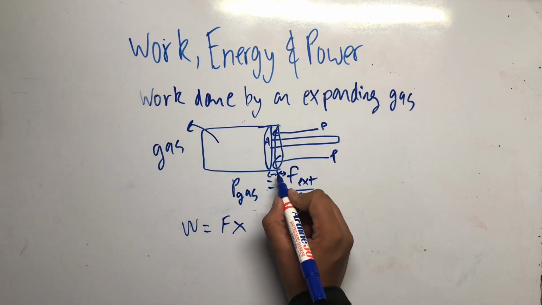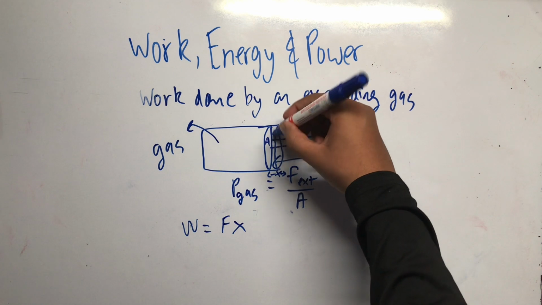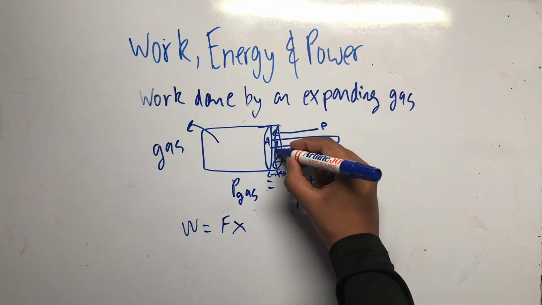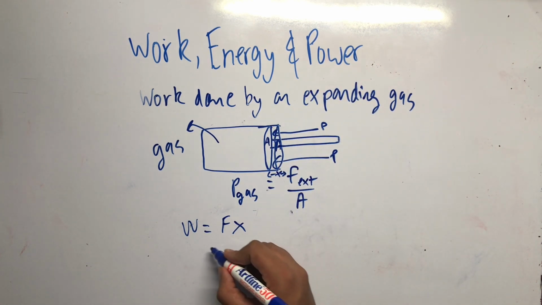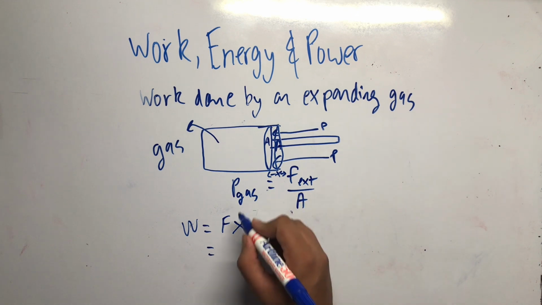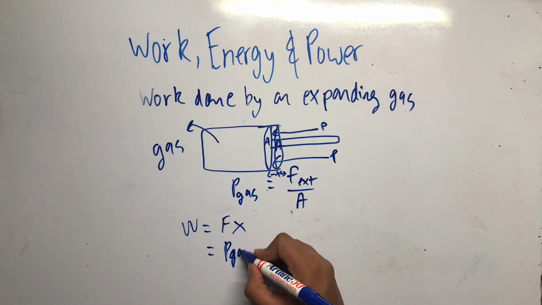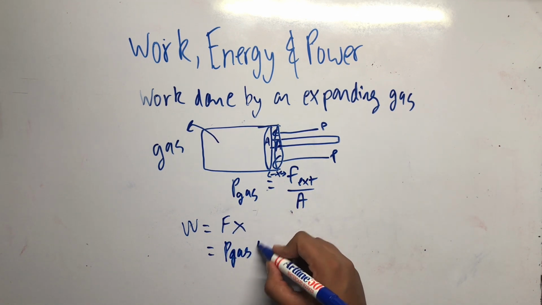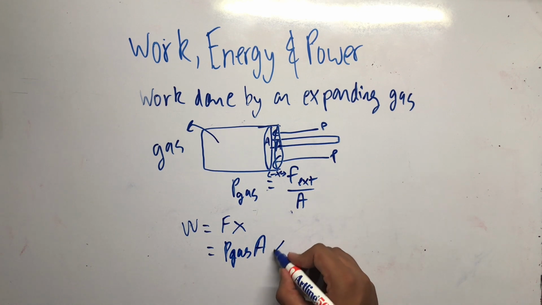And if the height is x, and the cross sectional area of the piston is A, then the work done is equal to the force exerted, which is the pressure of the gas, times the cross sectional area of the piston, times x.